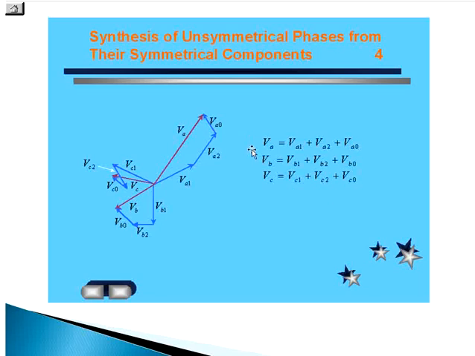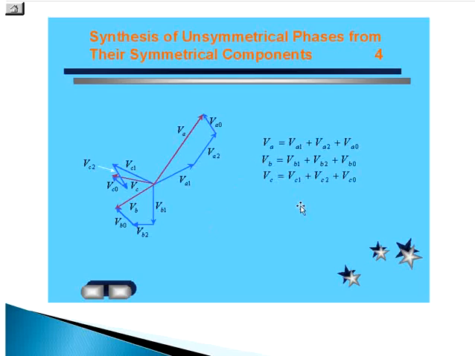Now what is left hand side? This is the phase voltages. VA, VB, VC are the phase voltages. VA1, VA2, VA0 are the symmetrical components of phase voltages. In reality, VA1, VA2, VA0 do not appear. The sum of all this gives the phase voltage. That means initially VA, VB, VC are the unbalanced voltages.